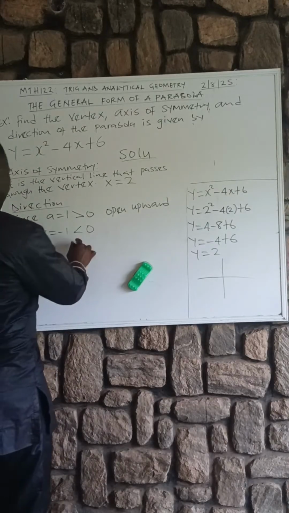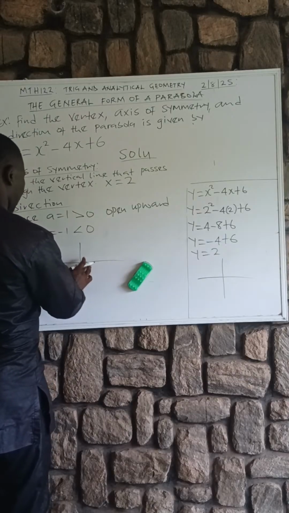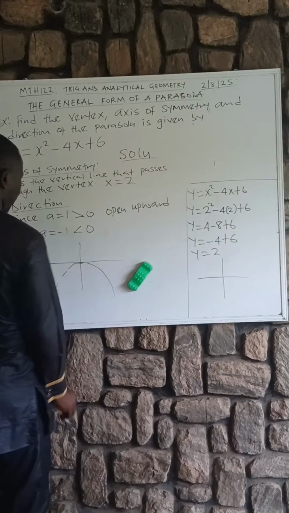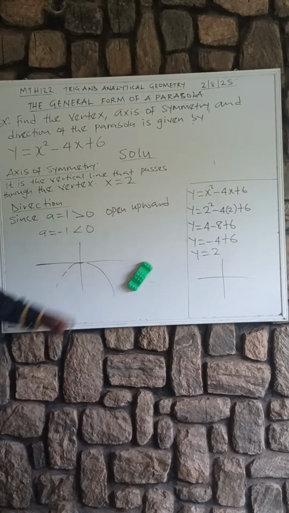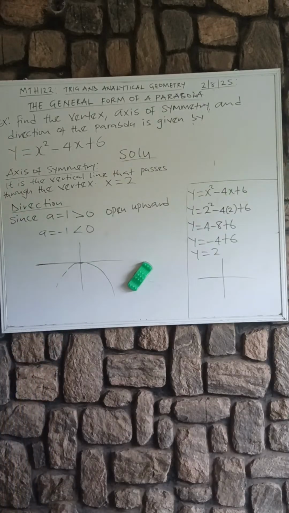So this implies that the parabola will be like this. True or false? True, right?